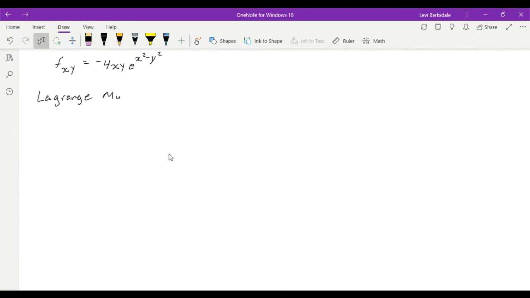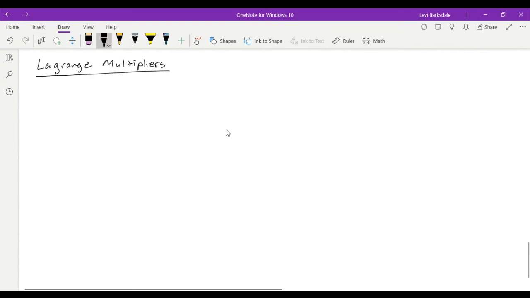And this is Lagrange multipliers. So if you remember all the way back in finding maximums and minimums of functions of one variable, sometimes the question would be phrased like find the maximum and minimum value of f of x on the interval from like 0 to 10 or something.